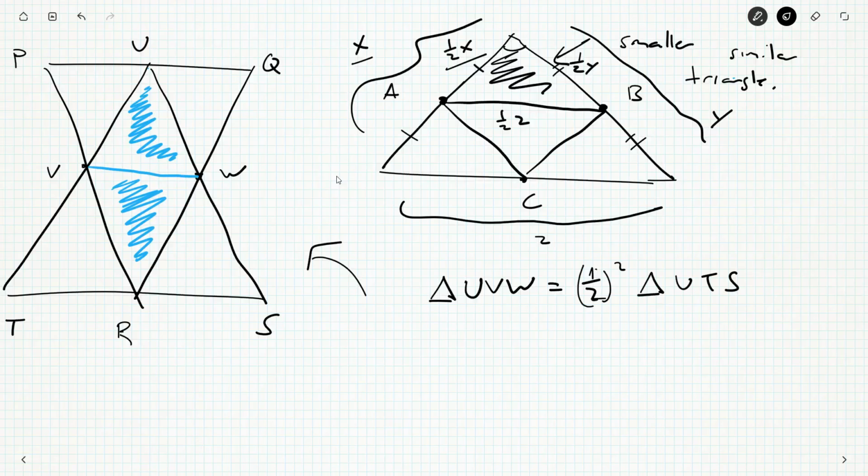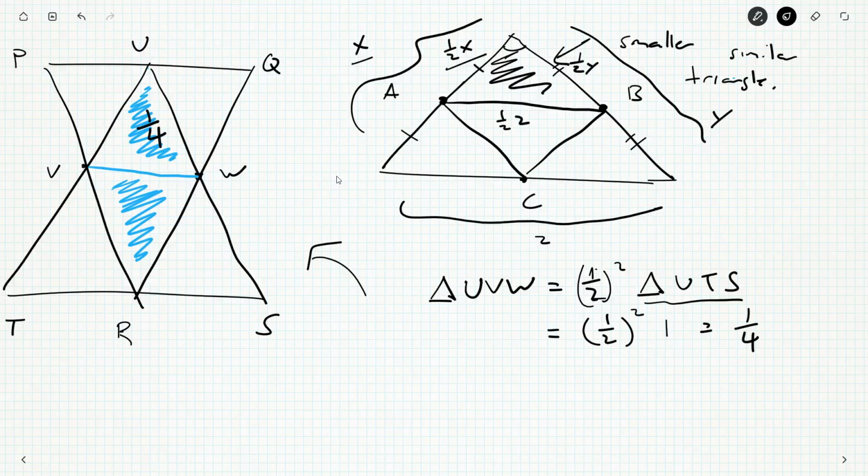This keeps going. If I had a three-dimensional shape that was similar to another one, and the ratio between the sides were 1/2, the ratio between the volumes would be 1/2 cubed. 3 for 3 dimensions. So that's pretty nifty. But I know that STU, or as I've written it, UTS, has an area of 1. So this part here has an area of 1/4.